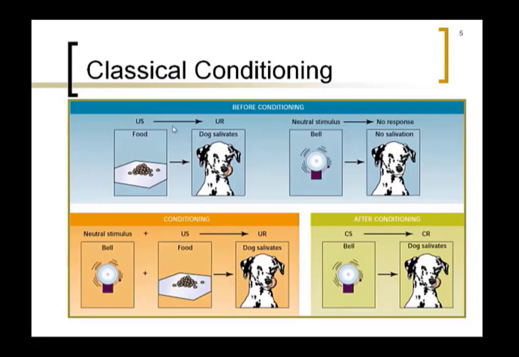So pay attention to the terms. Unconditioned stimulus is something that naturally causes the unconditioned response. So when Pavlov would bring in dog food, he could expect that the dogs would salivate. This was natural, normal. Also, before conditioning, he could ring a bell and the dogs would not salivate.